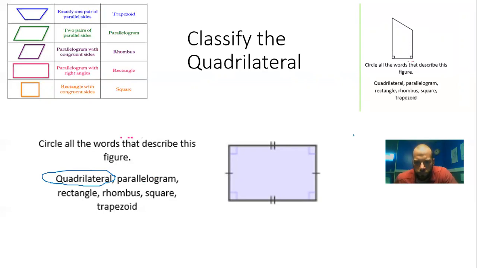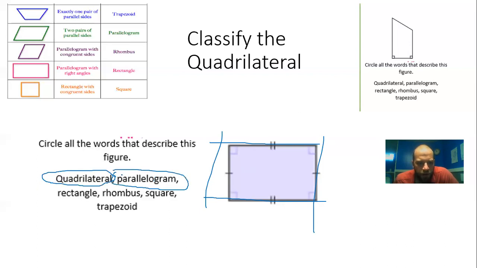So remember, parallel lines mean that they will never intersect if your imagination can extend them forever. Those 2 are parallel. So that's 1 pair of parallel lines. And then over here, up and down, is another pair of parallel lines. So does that have 2 pair of parallel lines? Yes, sirree, babarooski.